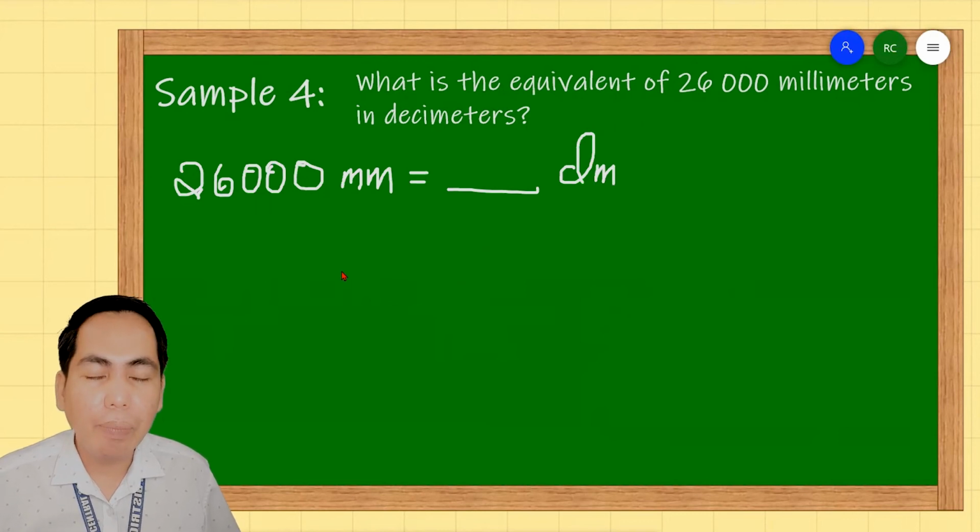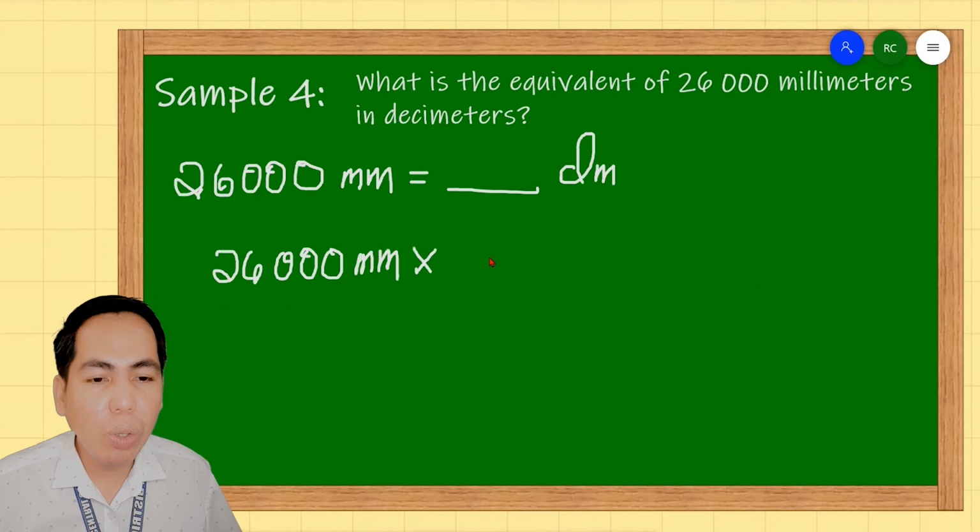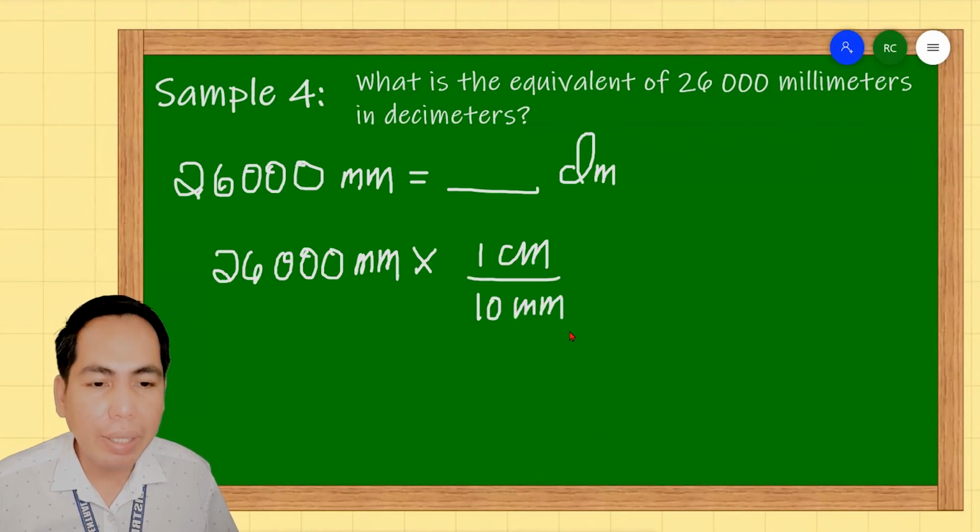We know that for every 1 centimeter, there are 10 millimeters. So we are going to multiply this 26,000 millimeters by the ratio of 1 centimeter is to 10 millimeters, so that millimeter can be canceled out.